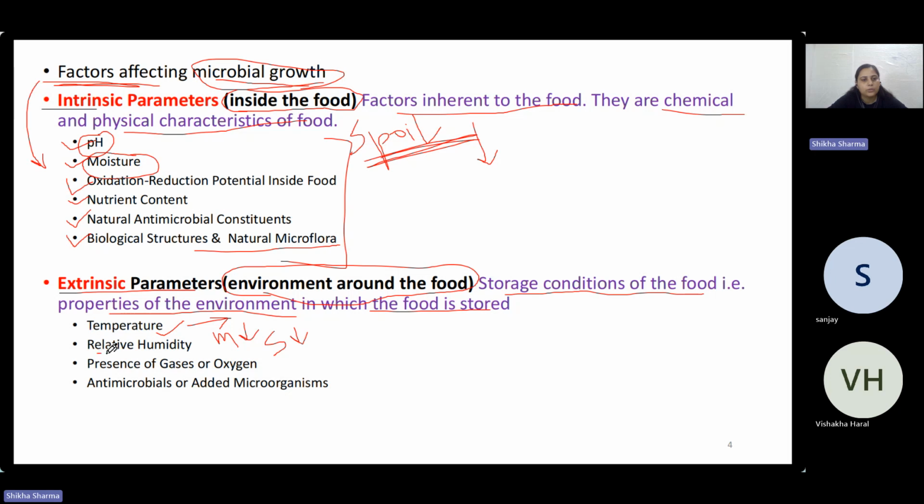Also the relative humidity of the environment affects it. If relative humidity is very high, the microbial growth will be very high and spoilage will easily occur.